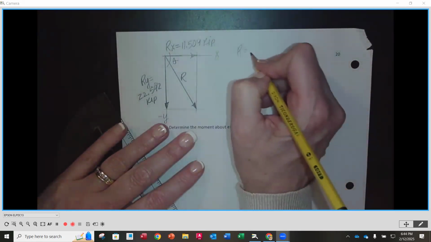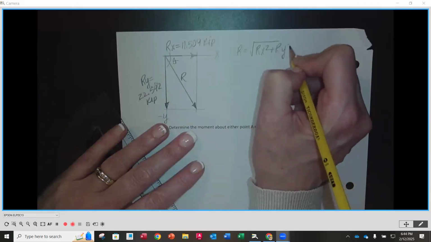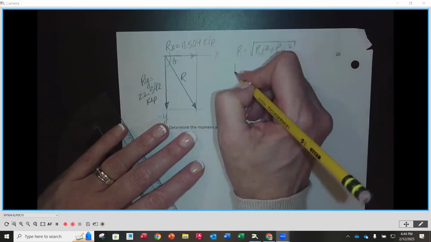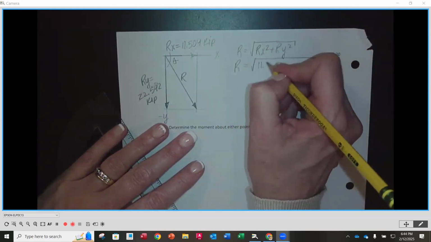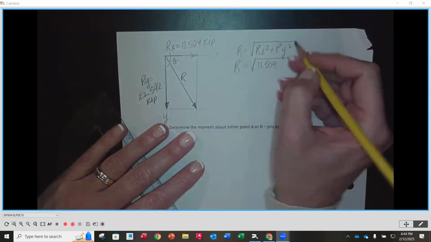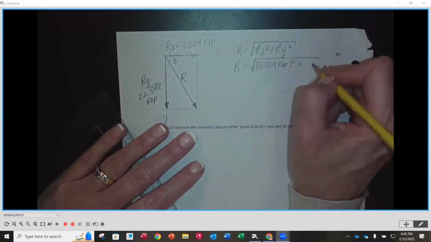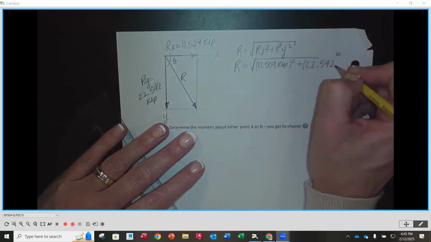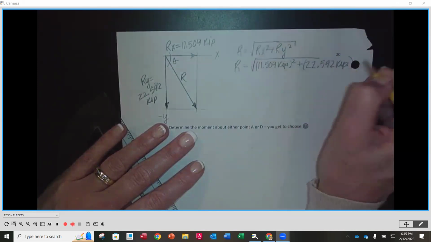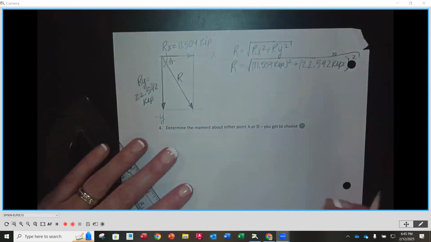So now over here, we have to find the magnitude of that resultant and the magnitude of theta. We know that this is a right triangle. R is going to be the square root of Rx squared plus Ry squared. So our resultant is going to be equal to 11.509 kips squared plus 22.592 kips squared, all under the radical.